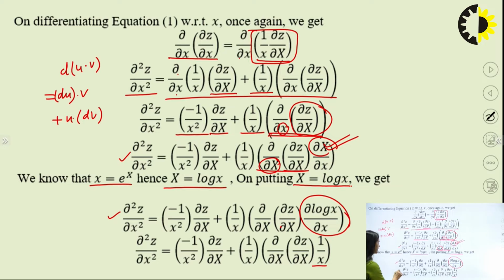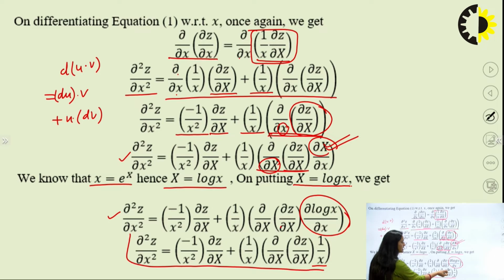So we will get this expression that del 2z upon del x2 is equal to minus 1 by x square del z upon del x plus 1 upon x del upon del x into del z upon del of capital X into 1 upon x. Now see, we got 1 upon x square here, and here also the next term also has x square in the denominator.